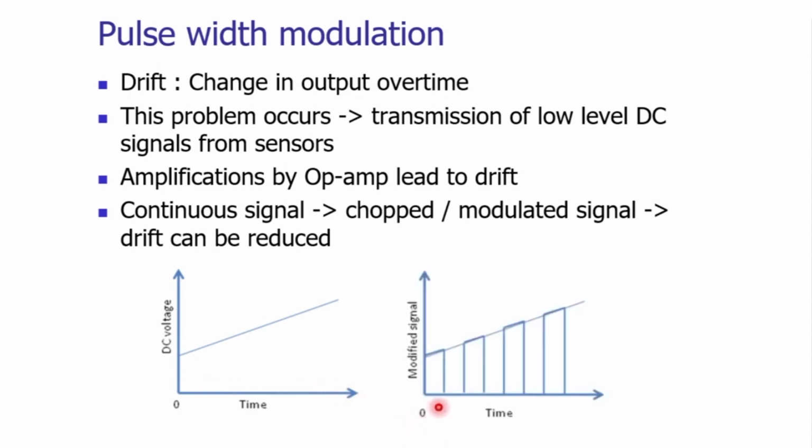So here you can see the modified signal. I am converting a continuous DC signal into a modulated pulsed signal. So this modulated pulse signal will lead to a change in drift.